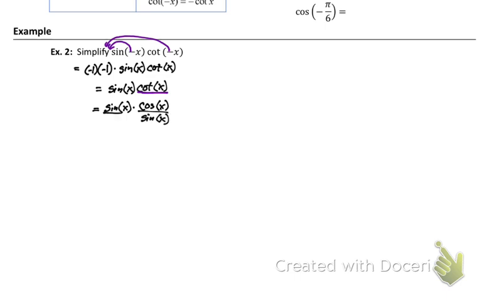And we're going to notice that sine x is really sine x over 1. Our sines cancel out, and we're just left with a positive cosine x, which seems a lot easier to deal with than sine of negative x times cotangent of negative x. That is fully simplified. There's no negatives inside. You can have negatives on the outside. You just can't have them on the inside. And we just turn everything that's not sines and cosines to sines and cosines.